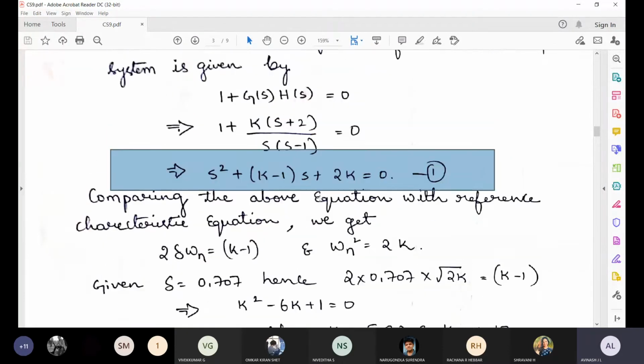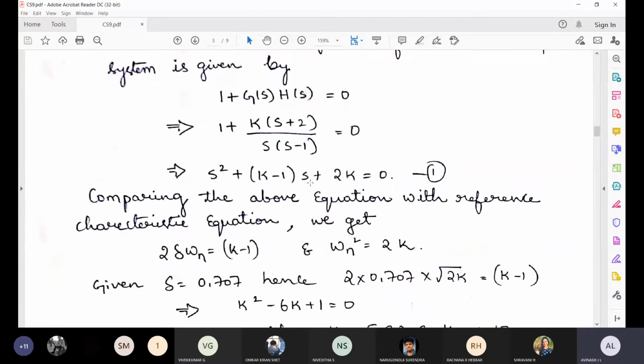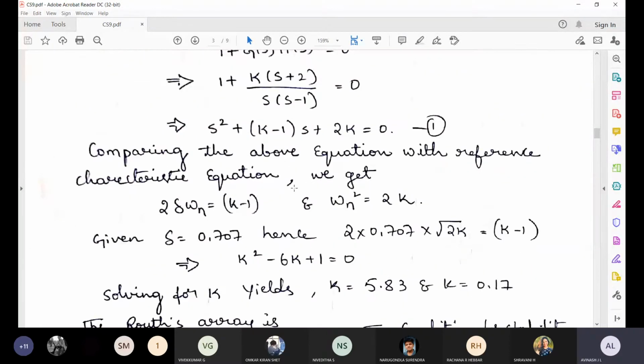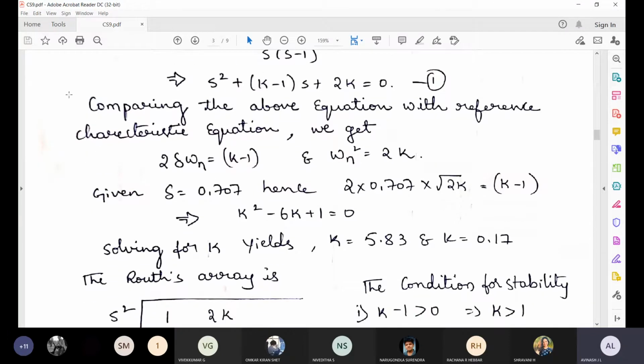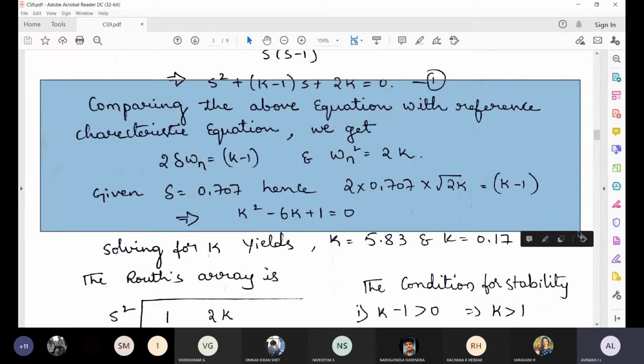Now, once they give the delta value here, we need to understand that there is a relationship between omega n and delta. Comparing the above equation with the reference characteristic equation, we get 2 into delta omega n into s equal to (k minus 1) into s, s gets cancelled. So 2 into delta omega n will be equal to k minus 1.